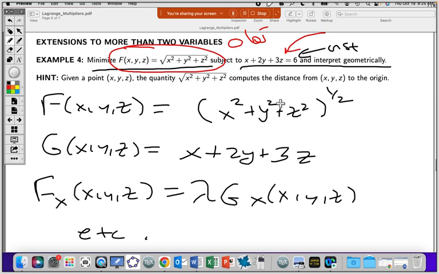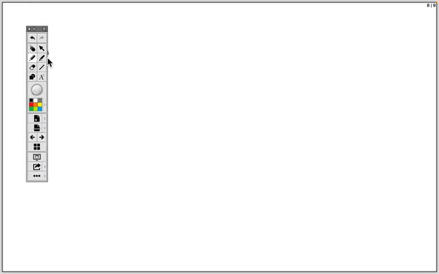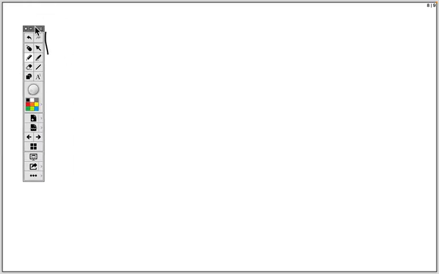So we'd get that quantity. Yeah, exactly.